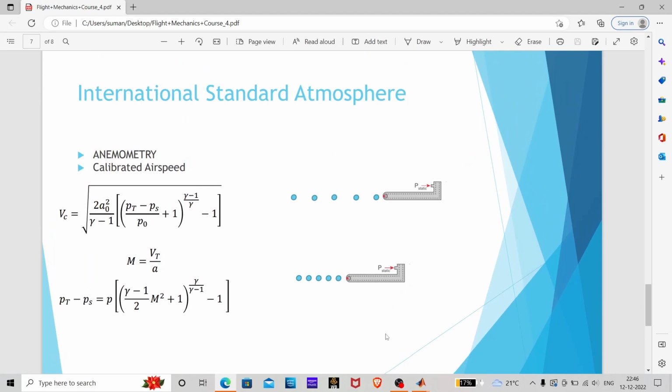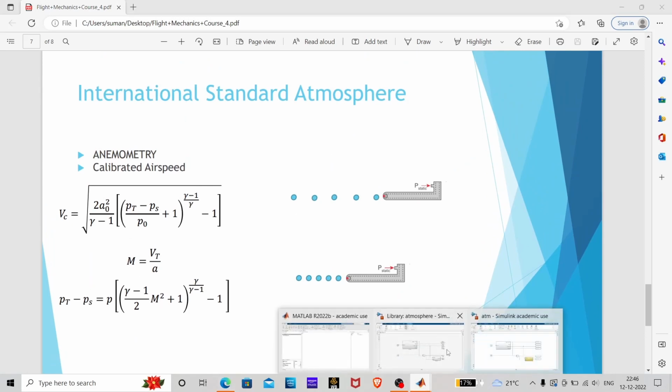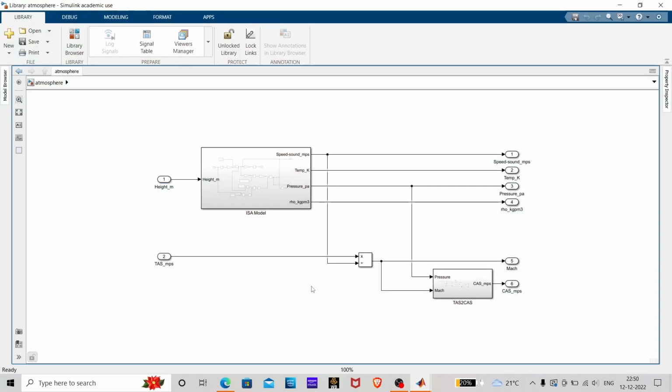That's all. Now we can jump into our model. As we can see, this is our atmospheric model in Simulink. These are the two inputs of our model: one is the altitude, which is height in meters, and the true airspeed in meters per second.